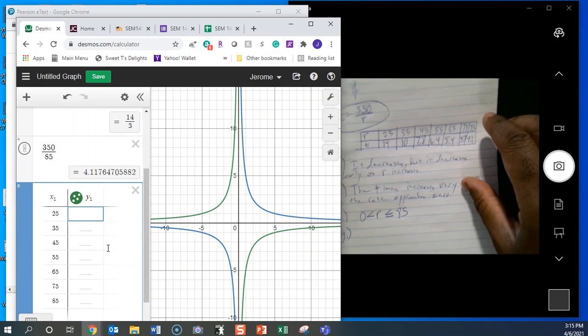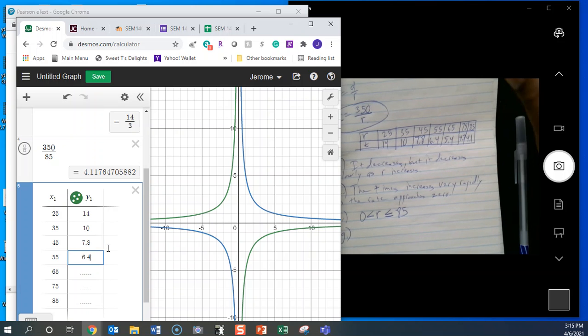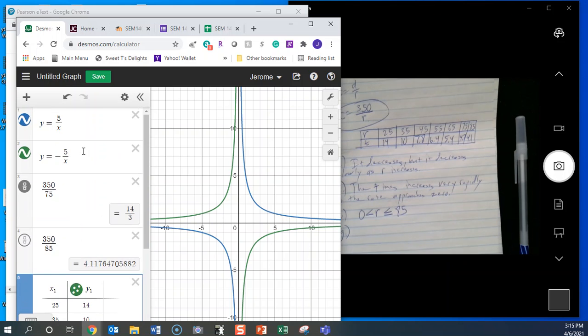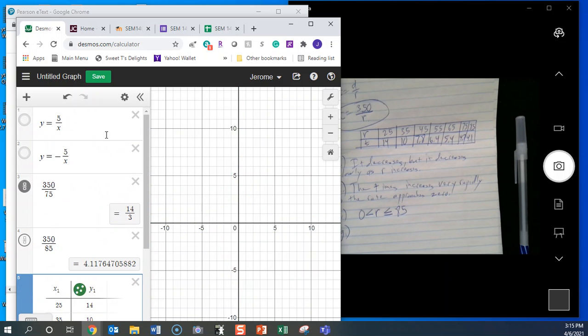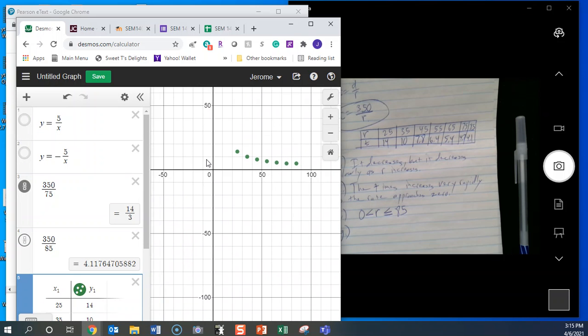So for 25, we got 14, 10, 7.8, 6.4, 5.4, 4.7, and then 4.1. All right, let me turn off this graph here. Okay, now, you look here at these points.